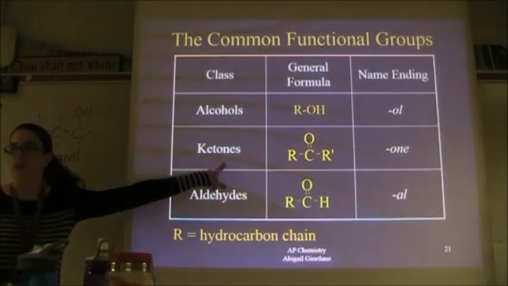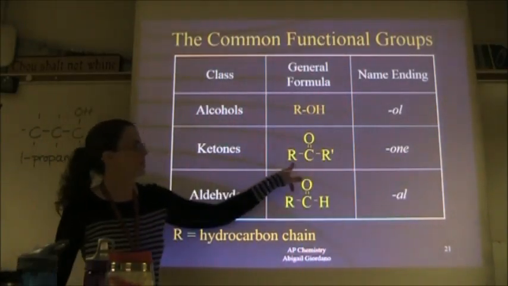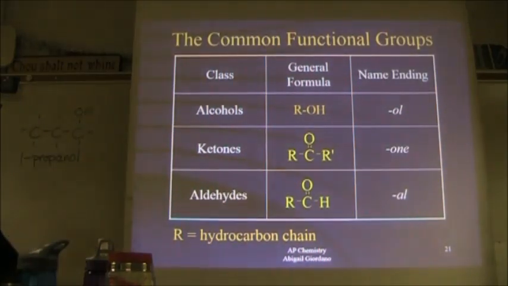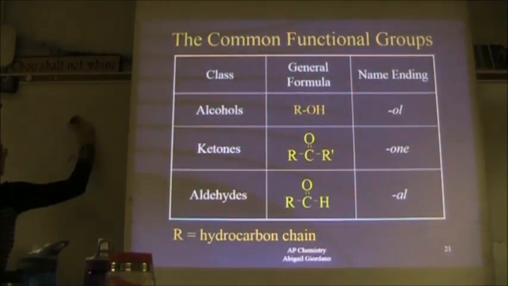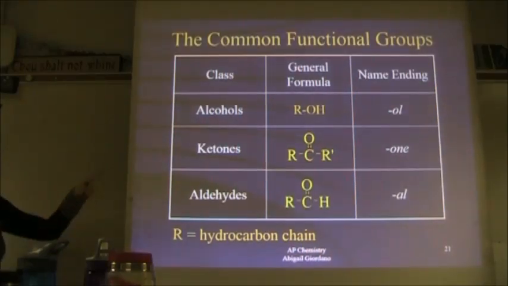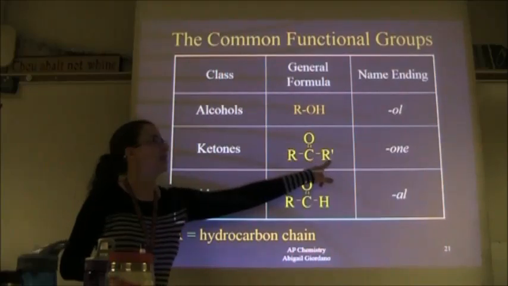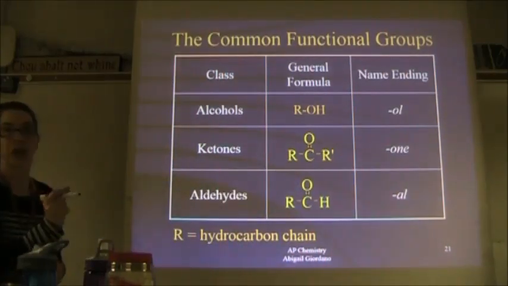All right, let's look at this one. Let me explain what this is trying to say here. All right, let me draw it up here. This is saying that one of your carbons in the middle of your chain.